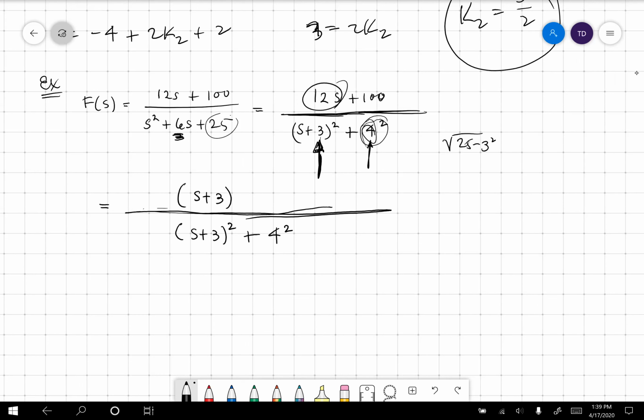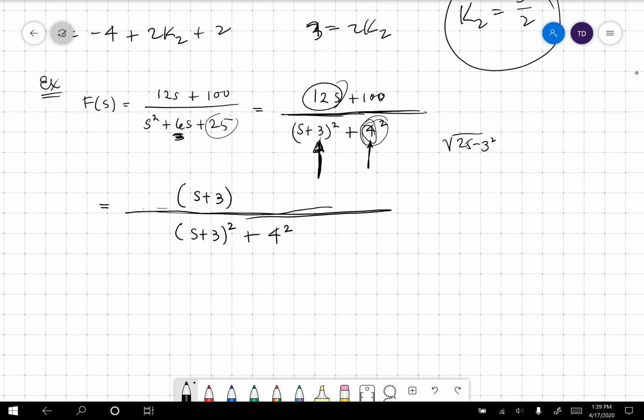That contributes to the frequency of the cosine. It's a cosine because we have the s plus 3 in the numerator. So this is 12 e to the minus 3t cosine of 4t plus 16 e to the minus 3t sine 4t.